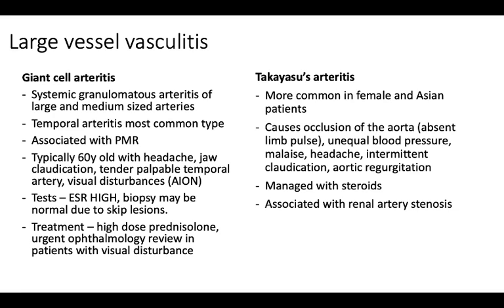They might present with malaise, headache, intermittent claudication, or signs of aortic regurgitation. The condition is not very common, but it's good to know what to look out for, especially because it's quite unusual. You would manage the condition with steroids, and there's also an association with renal artery stenosis.